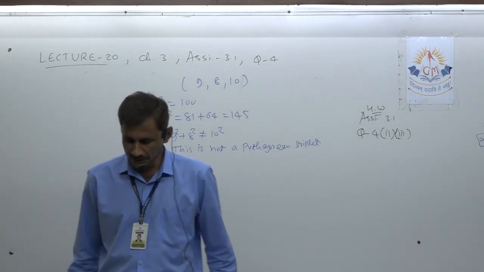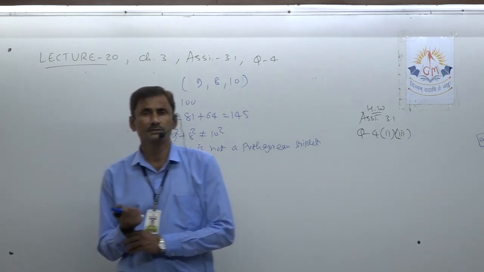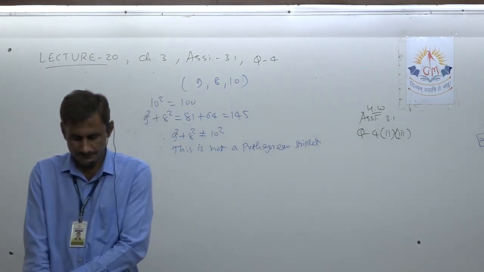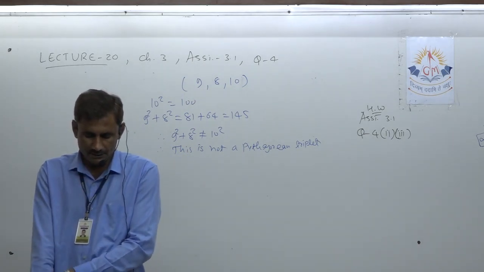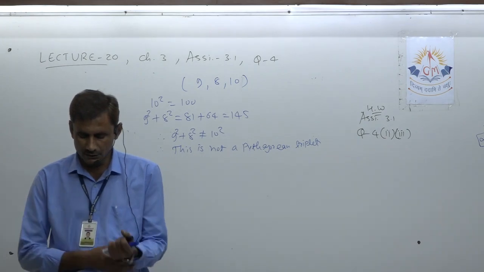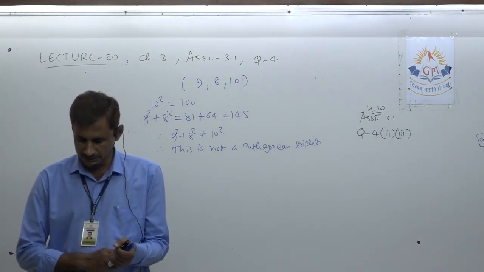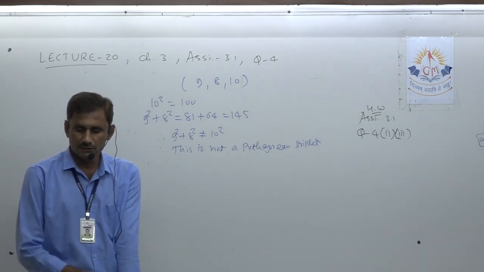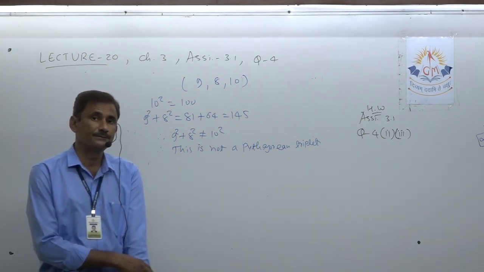So look at page number 51. They have given an example: 1 square equal to 1, 2 square equal to 1 plus 3, 3 square equal to 1 plus 3 plus 5, 4 square equal to 1 plus 3 plus 5 plus 7.